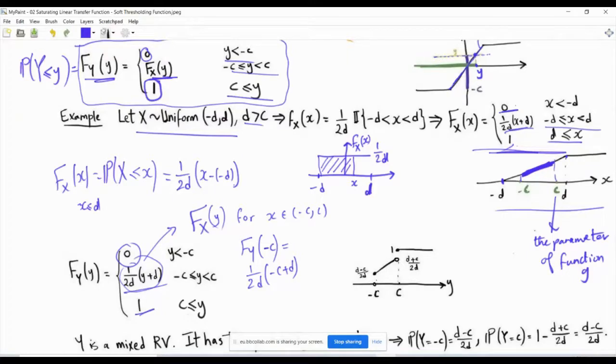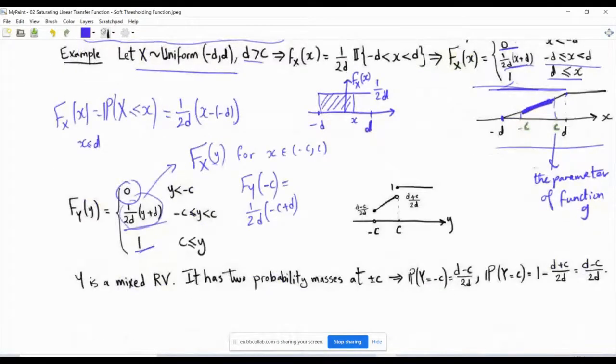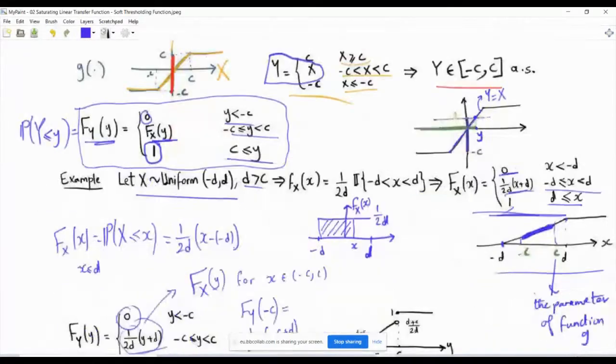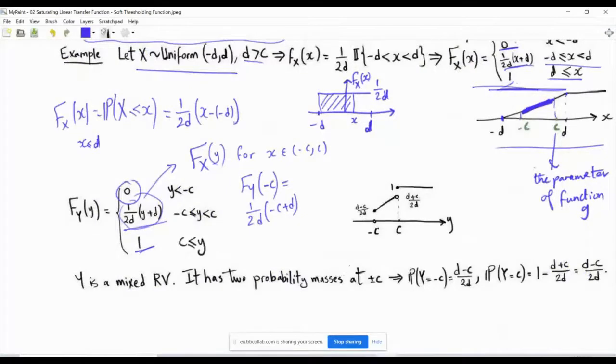Are these surprising or anything? No. Because of the structure of your function, because your function has these two flat parts, there is in general a non-zero probability that y is exactly equal to minus c. So what is this probability that y is exactly equal to minus c?